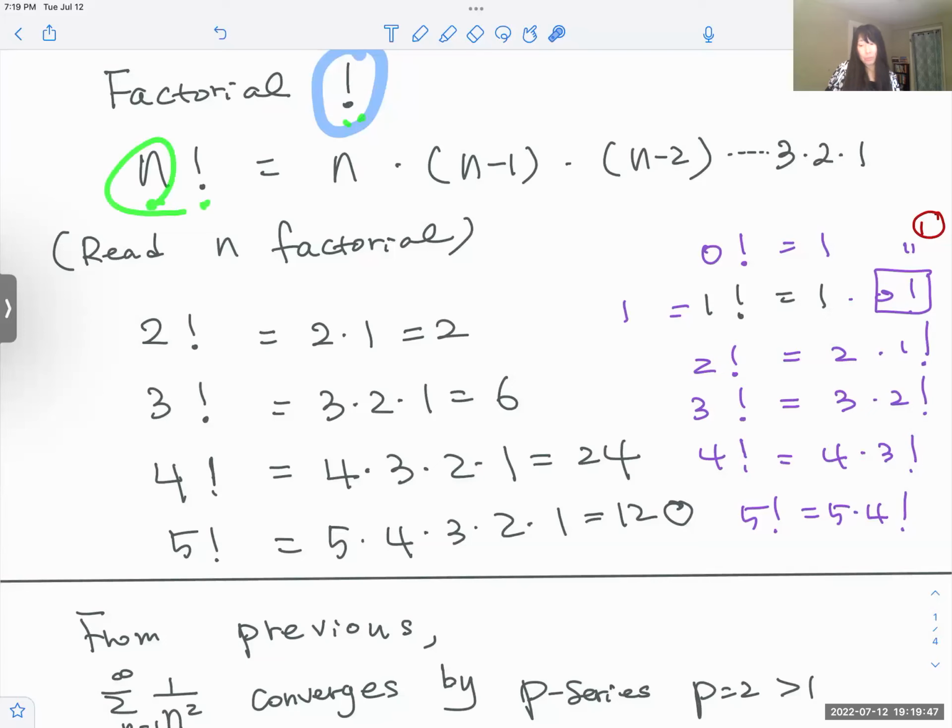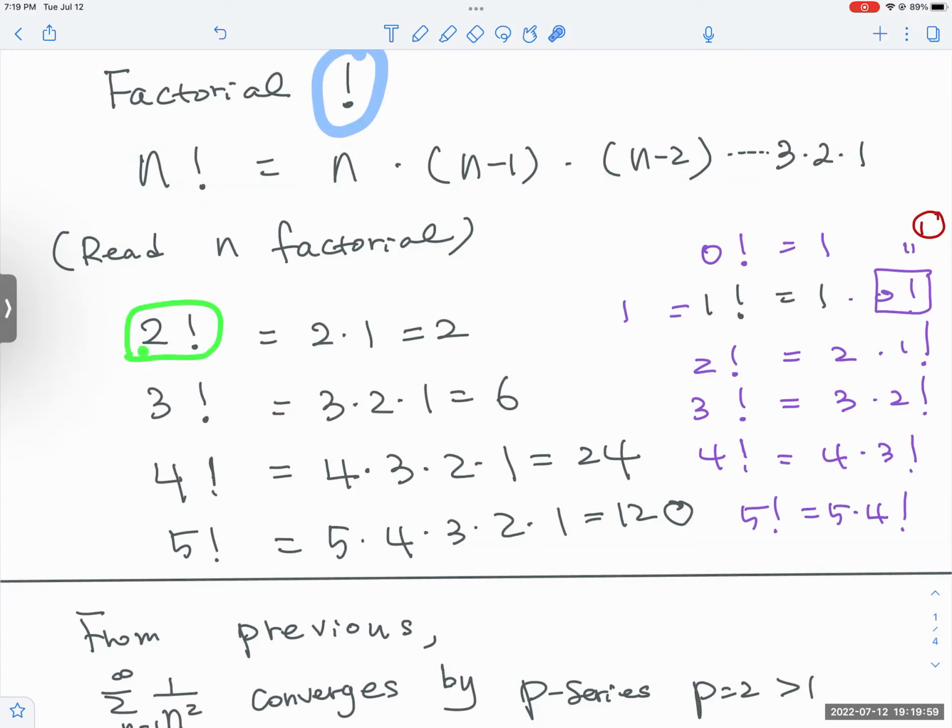We start with the number n and reduce by 1 each time down to 1, with multiplication. Make sense? 2 factorial, we start at 2 times 1. 3 factorial, start at 3 down to 1.